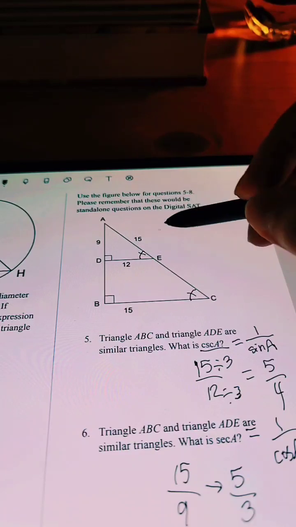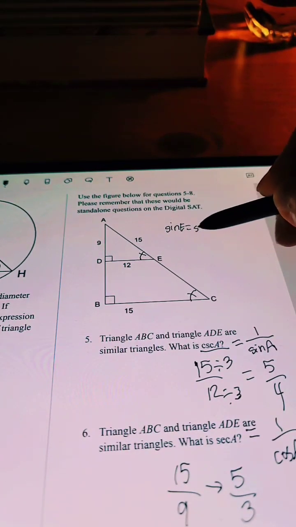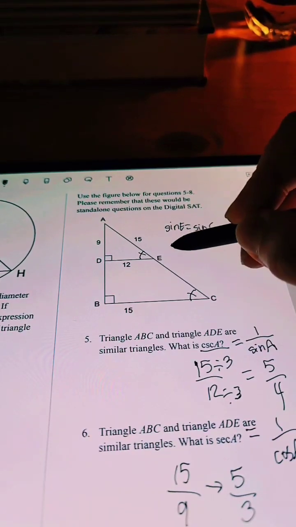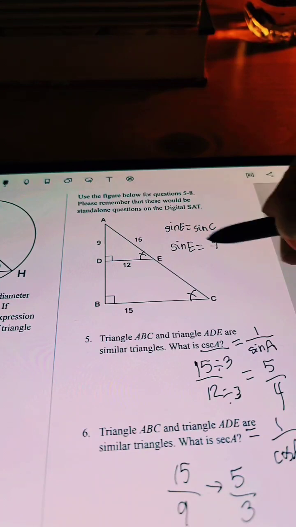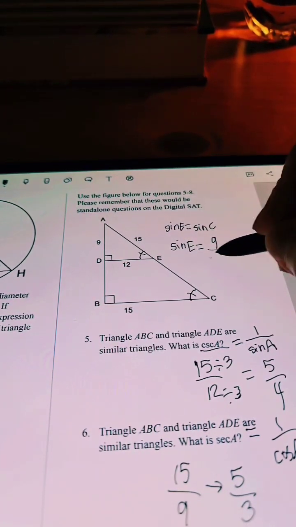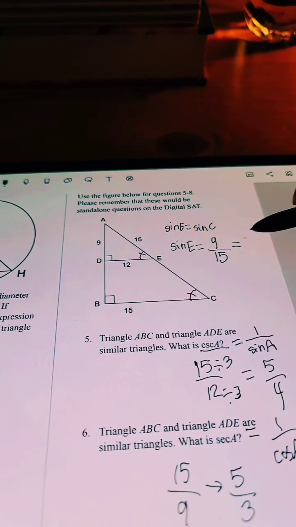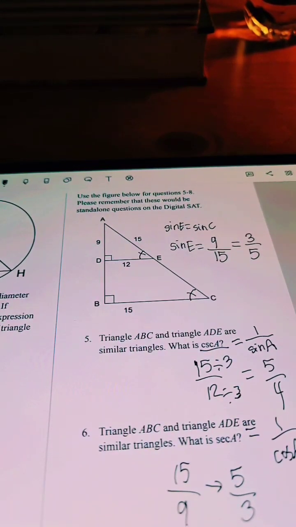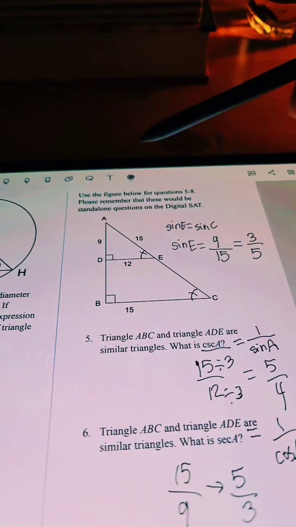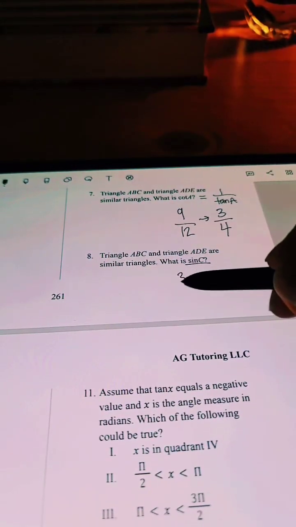So I'm just going to find the sine of E, because it's equal to the sine of C. I know that the sine of E is equal to the opposite, which is 9, over the hypotenuse, which is 15 there. Then I can just simplify by dividing by 3 on top and bottom, so that's going to be 3/5 as my answer. But you could do it the other way too, it's just going to be annoying.